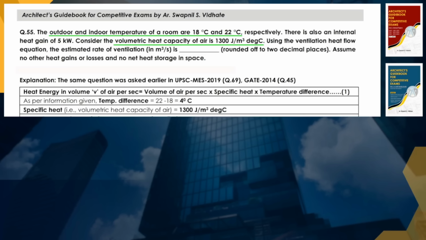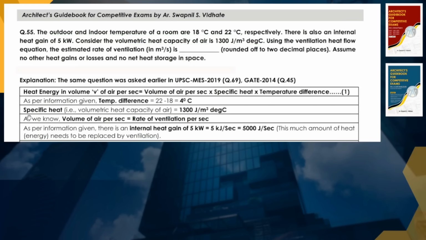The outdoor temperature is 18 and the indoor temperature is 22 respectively, right? So the temperature difference will be 22 minus 18, which is 4 degrees Celsius. Now for the specific heat, they have provided the volumetric heat capacity of air, which is given as 1300 joule per meter cube per degree Celsius.